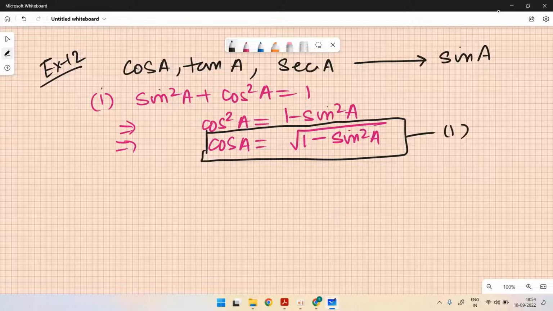This is one. Now second, I am solving the second part, this tan.